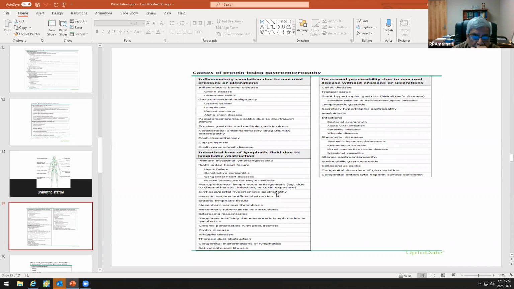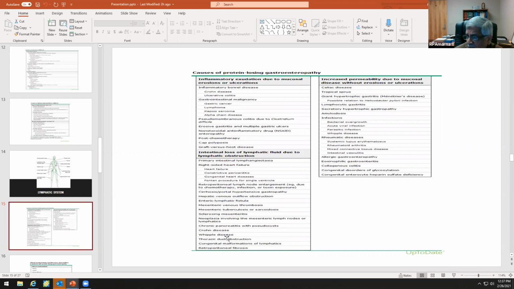Hepatic venous flow obstruction, once again, the same way. And mesenteric vein thrombosis; similarly sclerosing mesenteritis, which is an autoimmune disease, same thing. And chronic pancreatitis with pseudocysts usually causes blockages in the vasculature, usually splenic vein thrombosis, etc., which leads to pressure back on the lymphatics and then causes lymphangiectasia that way.